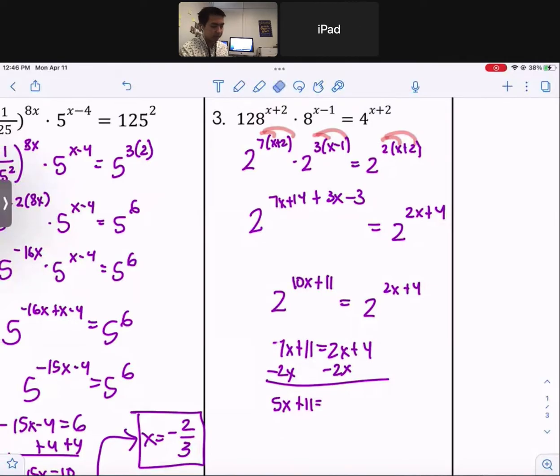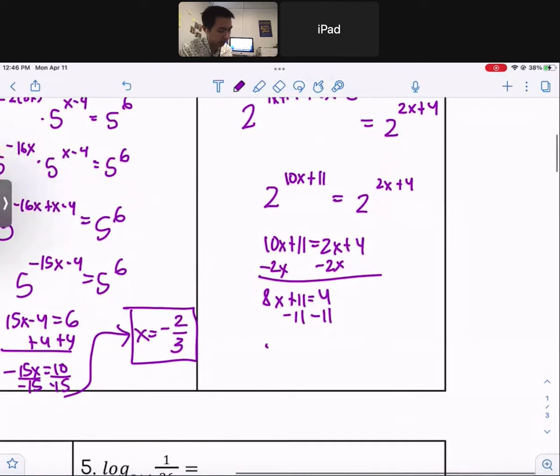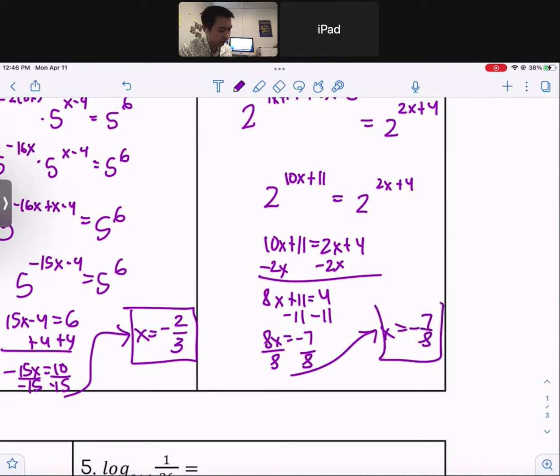There we go. Sorry, I had to clean up some stuff, and then once you get common bases, you set these exponents equal to each other. And then we solve. So 10x minus 2x is 8x, and then subtract both sides by 11. 8x equals negative 7. Divide both by 8. x is equal to negative 7 eighths.